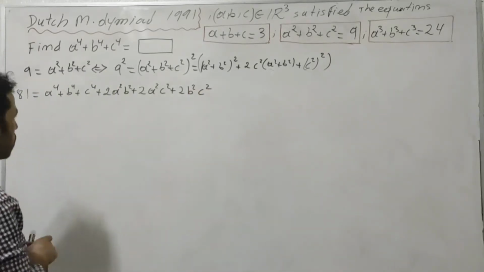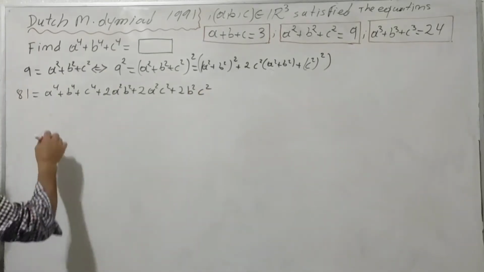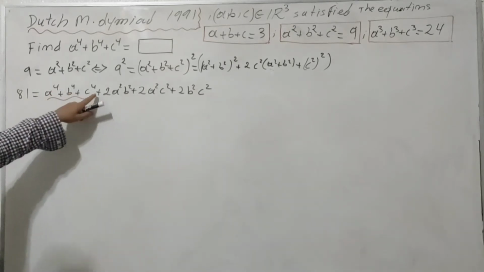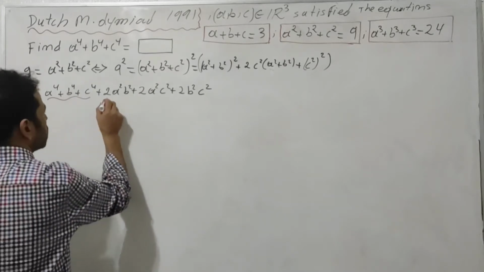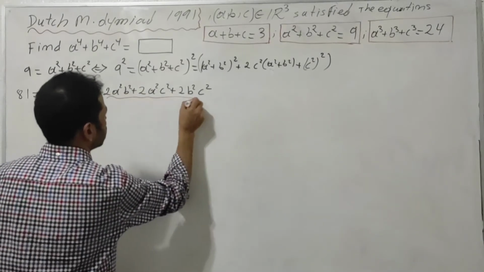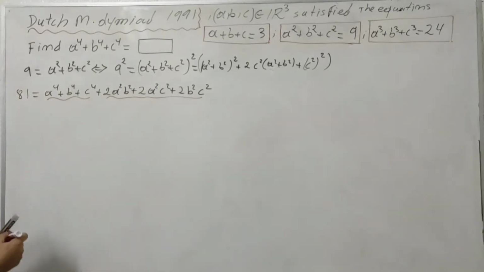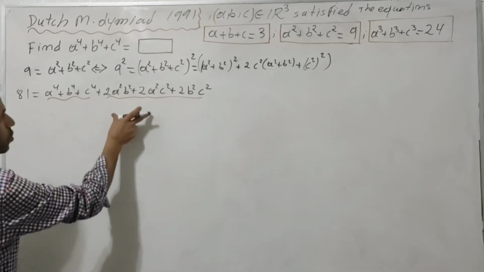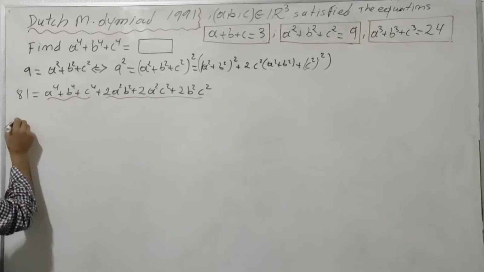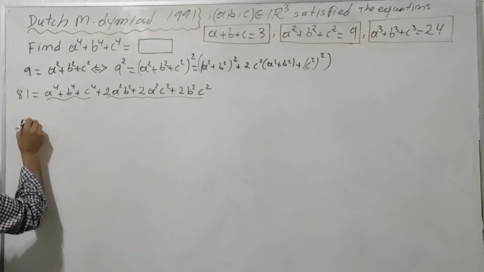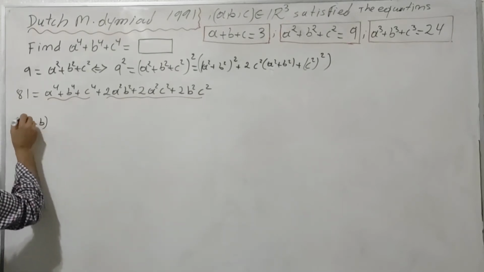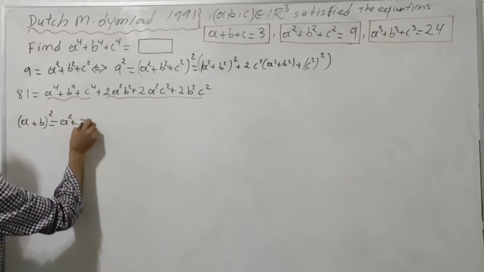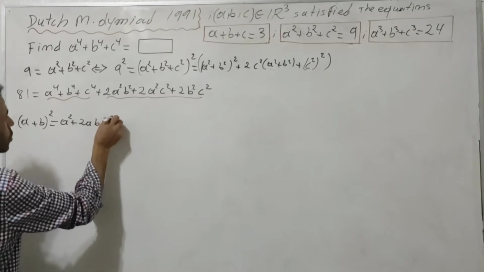So what I'm going to do now, this is the question, a to the fourth plus b to the fourth plus c to the fourth, but we need to find these numbers, okay? So in order to find these numbers, I'm going to use a trick. We have (a plus b) squared equal to a squared plus 2ab plus b squared, okay?